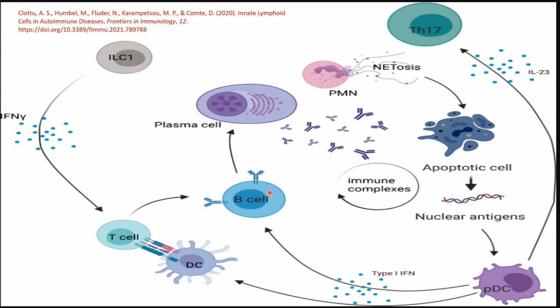B cells will change to plasma cells, which will then form autoantibodies, and then immune complexes and more tissue destruction and more attraction to neutrophils, increasing the process of NETosis and more apoptotic cells and nuclear antigens, and we have the vicious cycle. Innate lymphoid cells here could have a role through innate lymphoid cells type 1 through production of interferon gamma, which will stimulate or share in stimulation of T cells.